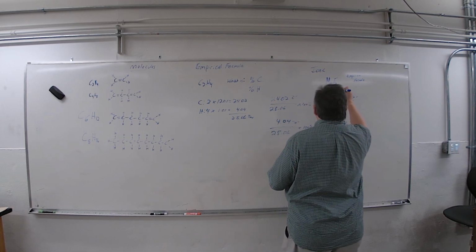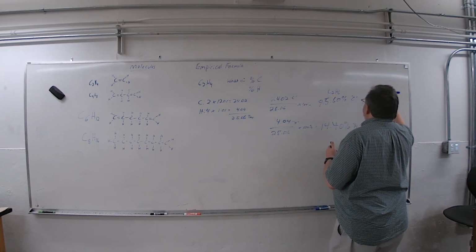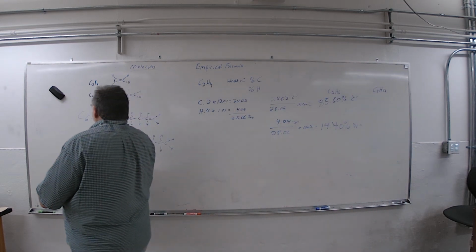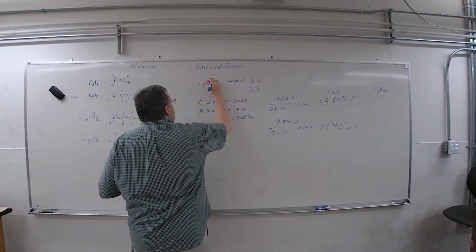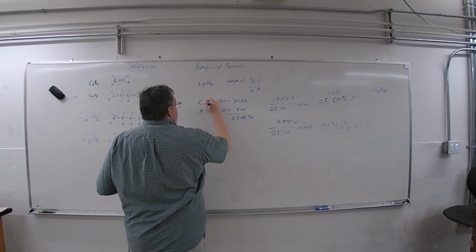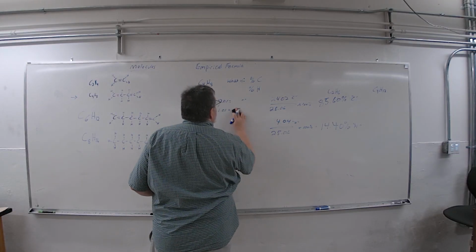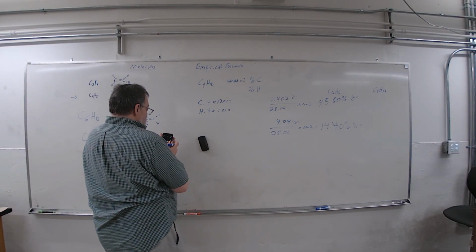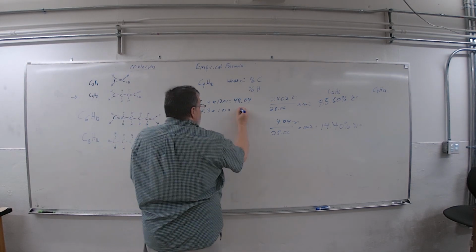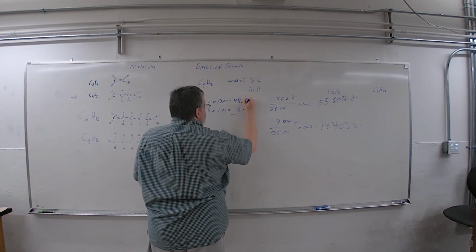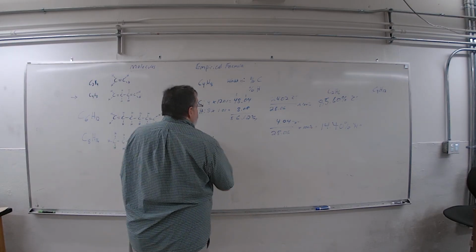Now let's go to C2H6. Let's do C4H8. For carbon, 48.04 grams per mole, hydrogen 8.08, total 56.12 grams per mole.